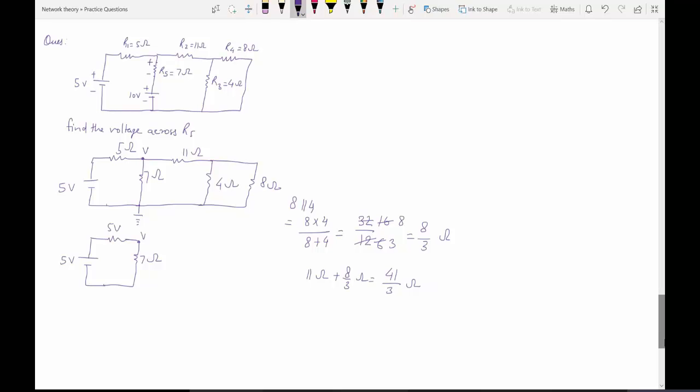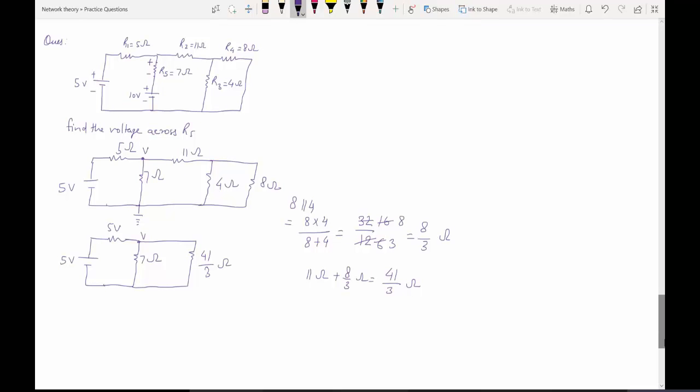Okay, so denominator is 3 here, so how to make denominator 3 here? By multiplying by 3 and dividing by 3. So what will be there? 33 upon 3. Okay, so 3 and 3 it will come common, and 11 plus 33 plus 8 is 41. So like this you can do the fast calculation actually. Okay, if you take LCM and do everything, it will be long. So here it is 41 upon 3 ohm. Correct.